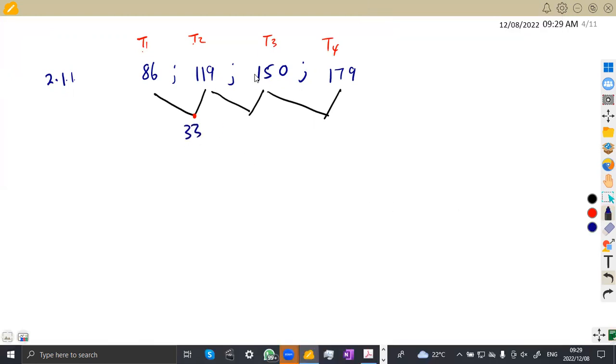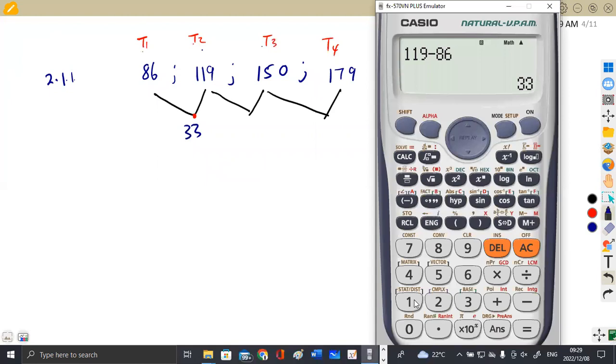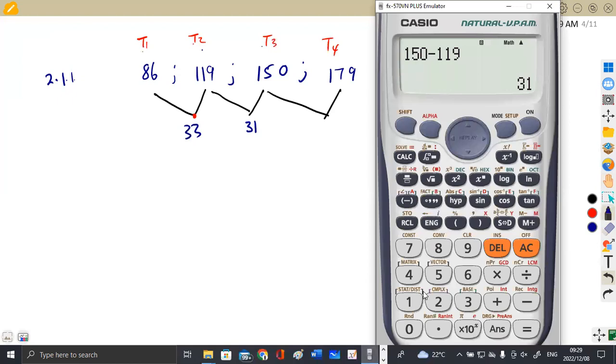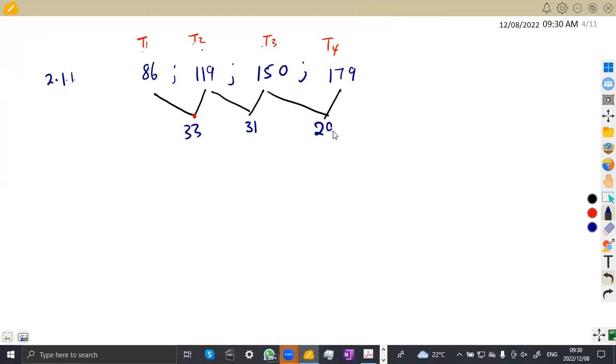We do the same, T3 minus T2, which is 150 minus 119, that's 31. Then 179 minus 150, which is going to be 29. These are the first differences that we have.